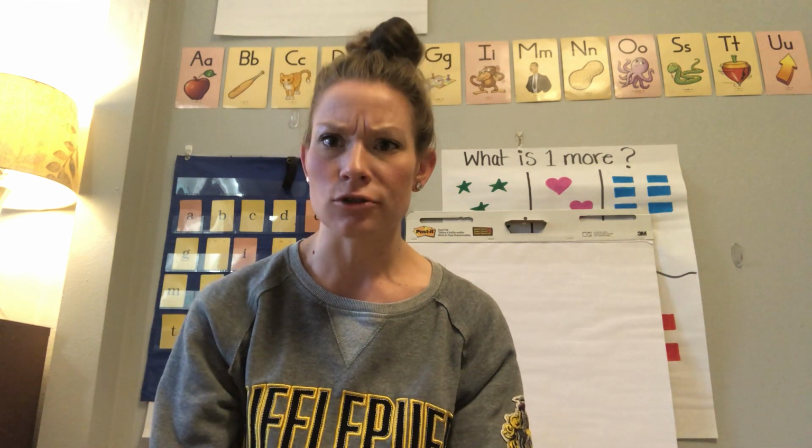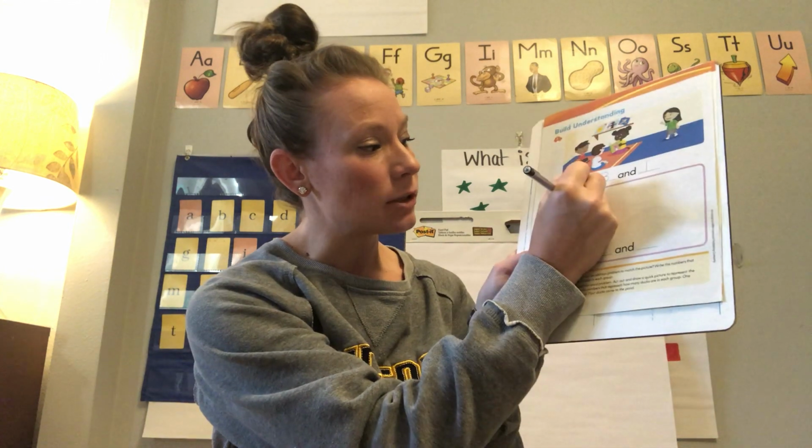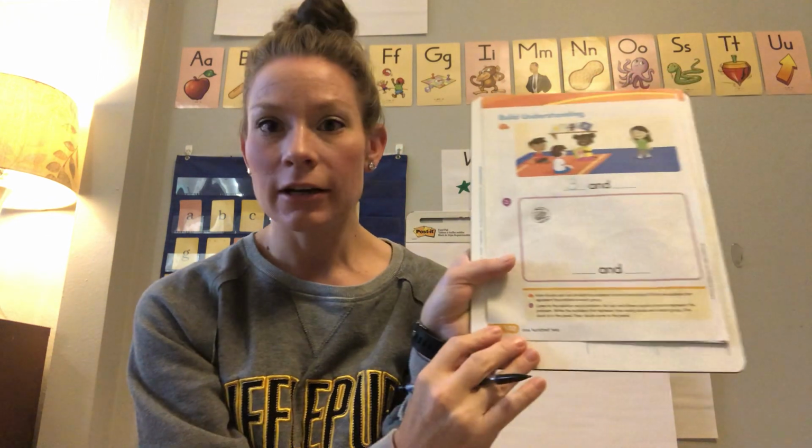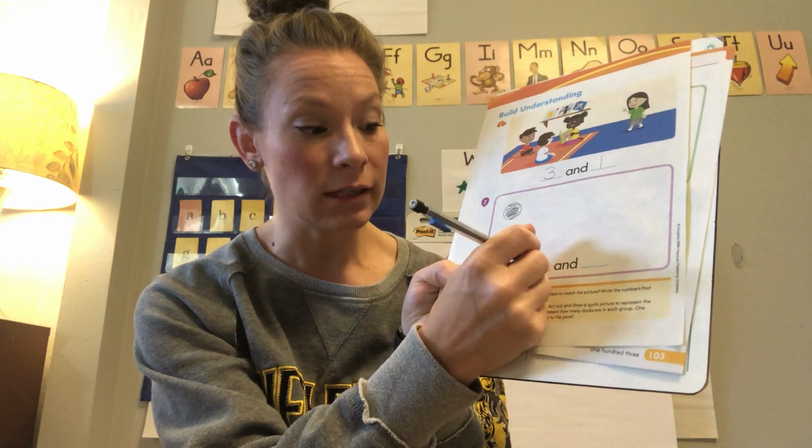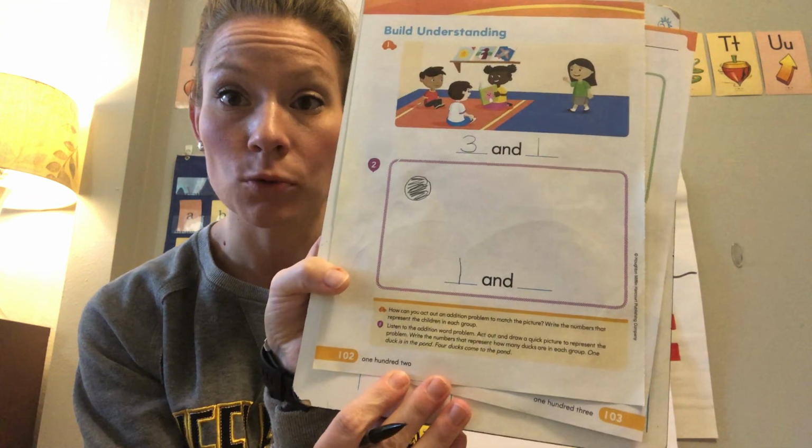How many counters do we have to draw? 1. So I'm going to draw that one right over here. This is my duck. I know it's a counter, but there it is. It's in its pond because we said 1 duck is in the pond. Now, that's the first number we have to write. So please, on your first line, make a number 1.